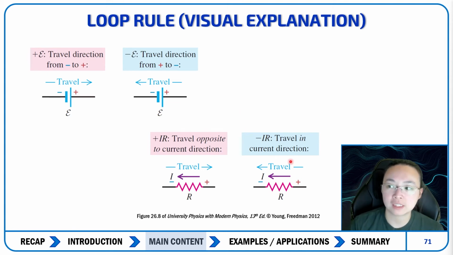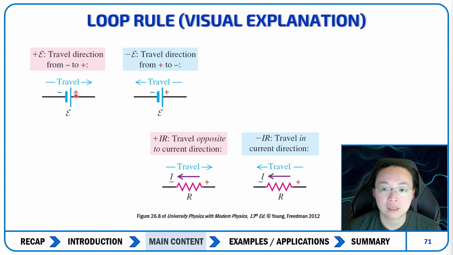Kirchhoff's loop rule states that the sum of the voltage differences around the loop has to be equal to 0. To find the sum, a direction of travel has to be chosen. You get to choose the direction of travel, and you have to be careful with the signs. Over here, you have a positive epsilon, and the travel direction is from minus to plus.